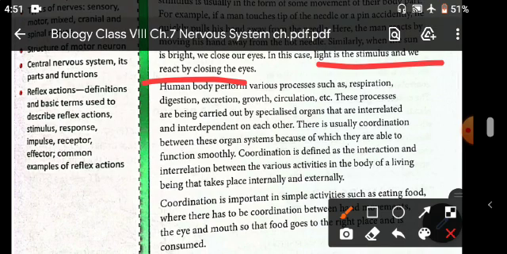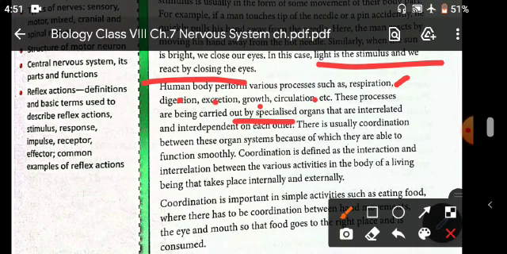The human body performs various processes such as respiration, digestion, excretion, growth, circulation, etc. These processes are carried out by specialized organs that are interrelated and interdependent on each other.